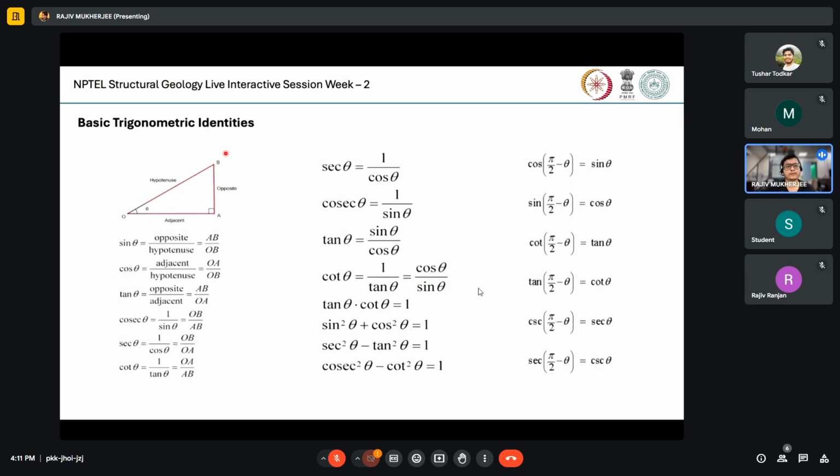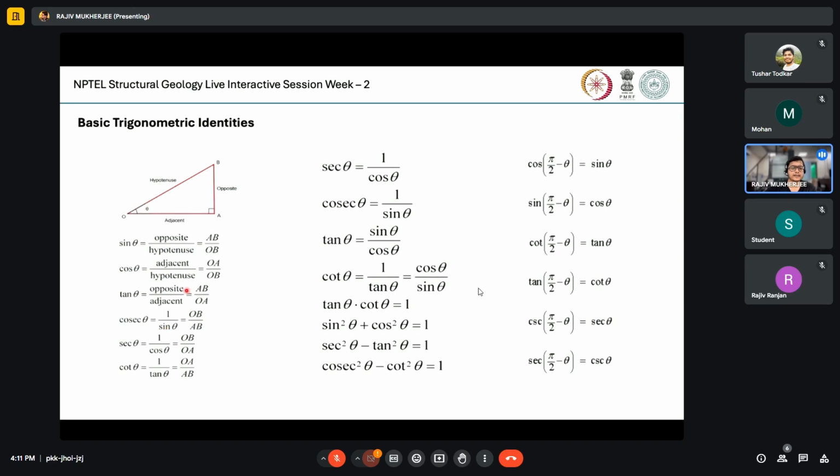Before deriving some of the trigonometric relations between different kinds of structural attributes, I would like to briefly recap the basics of trigonometric identities. If this is a right angle triangle and this is the angle theta, then sine theta is opposite by hypotenuse. Cos theta is the adjacent or the base by hypotenuse. Tan theta is the perpendicular by the base.